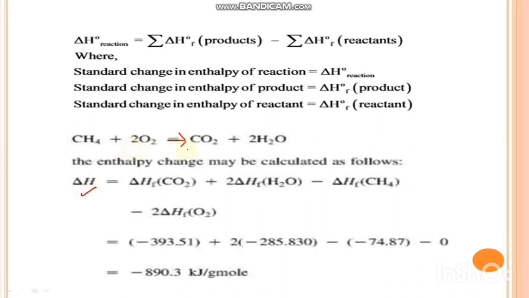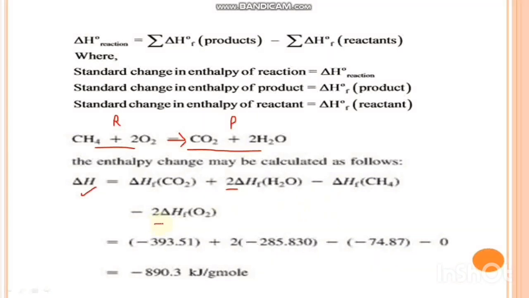So when we put the values, standard enthalpy of reaction becomes sum of standard enthalpy of formation of the products, that is enthalpy of formation of carbon dioxide plus 2 into standard enthalpy of formation of water, minus sum of standard enthalpy of formation of reactants, that is standard enthalpy of formation of methane plus 2 into standard enthalpy of formation of oxygen.